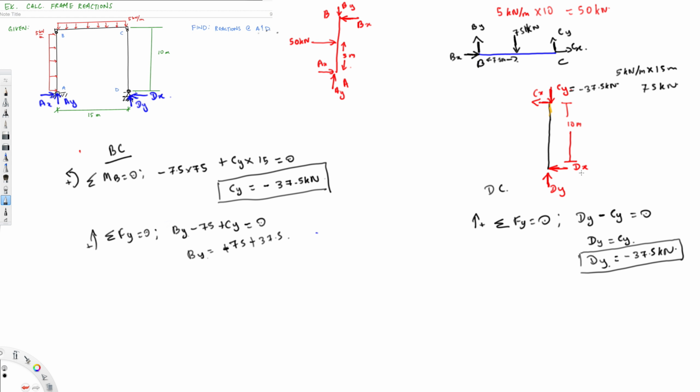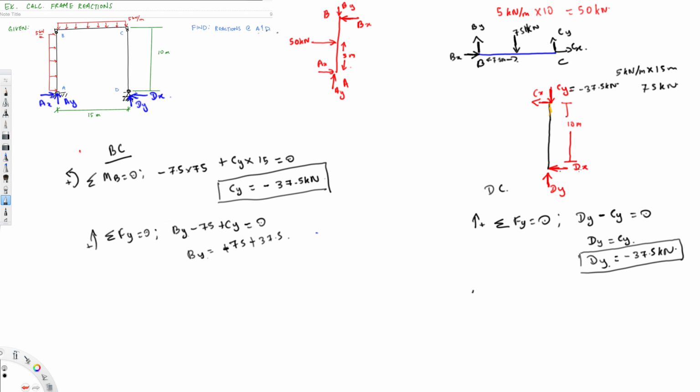Then we can find Dx. If I take moment around C, I can calculate Dx, because I don't know this first.